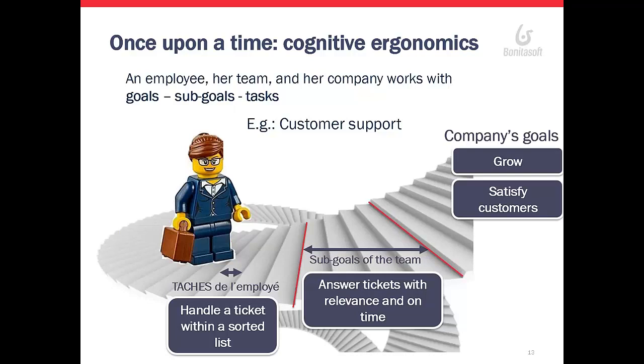So the UI you need to provide is this sorted list where the employee will be able to pick the right one, so he will complete the sub-goals of the team that will complete the goals of the company. So it's always broken down into tasks to feed sub-goals and goals. Always, always, and each action actually feeds the completion of a task involved in sub-goals and goals.